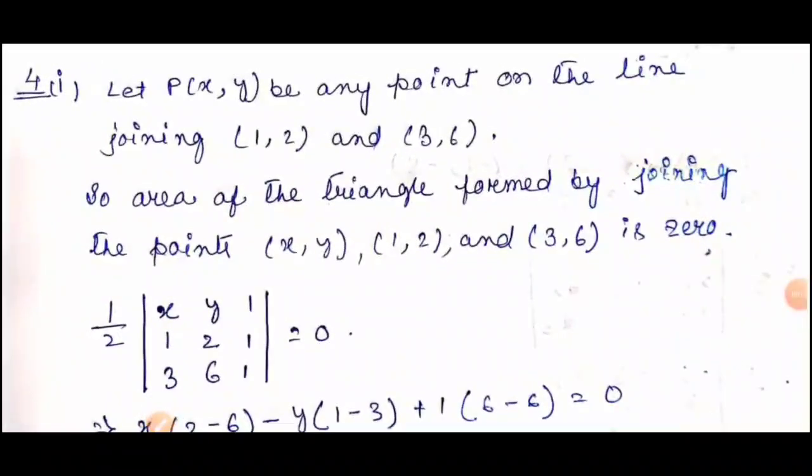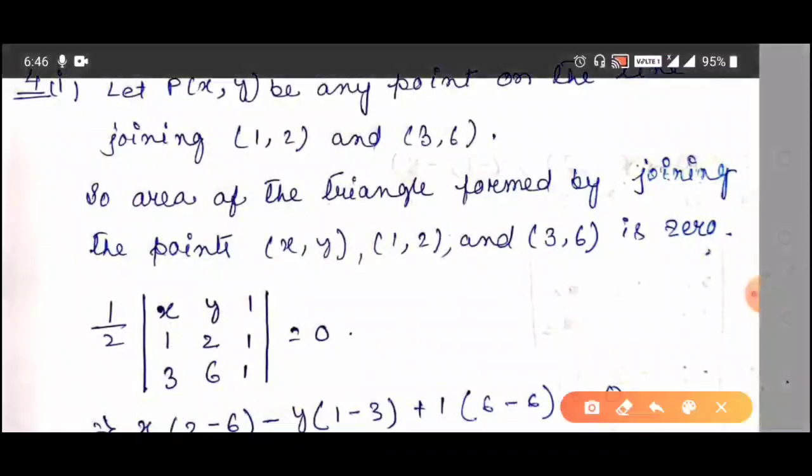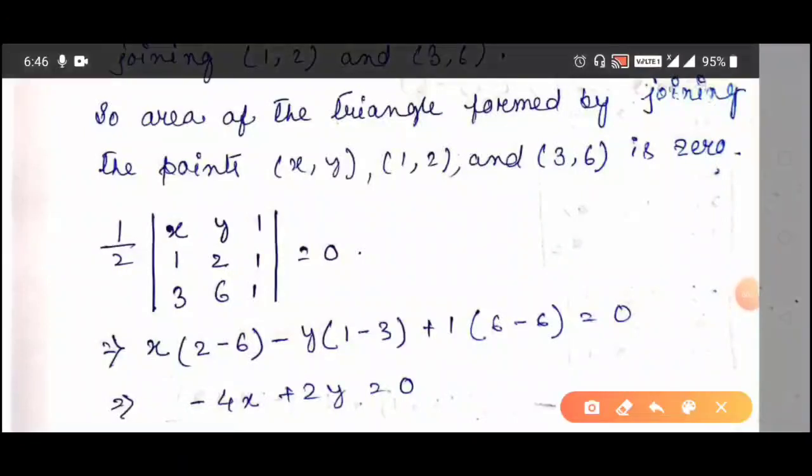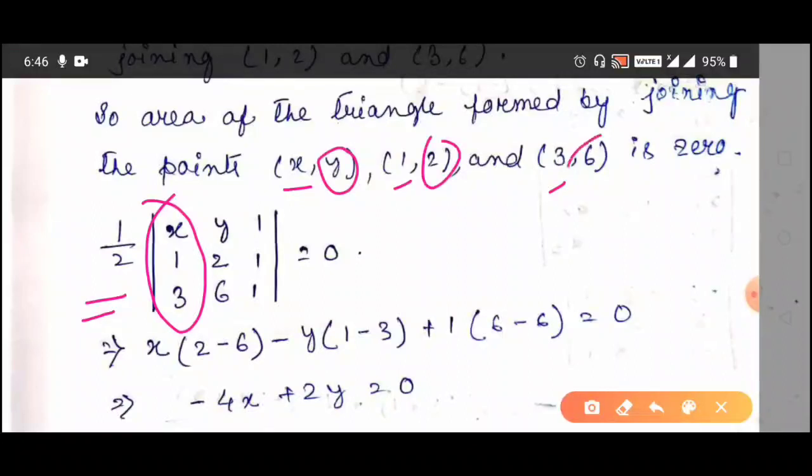Here we have written let P(x, y) be any point on the line joining 1, 2 and 3, 6. So area of the triangle formed by joining the points (x, y), (1, 2) and (3, 6) is 0. So it will be half into, in place of x1, x2, x3 we will write x, 1, 3, and in place of y1, y2, y3 we will write y, 2 and 6.